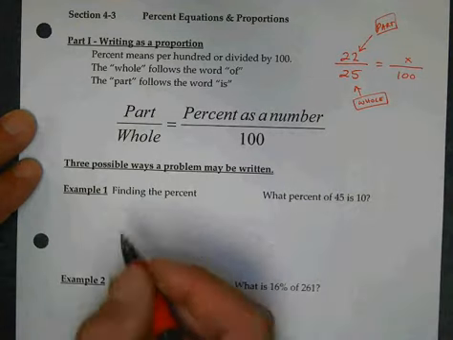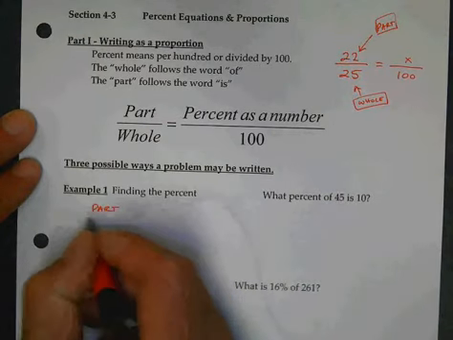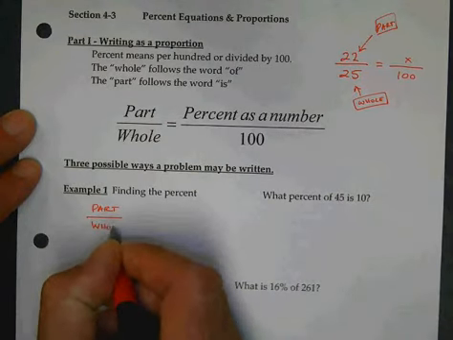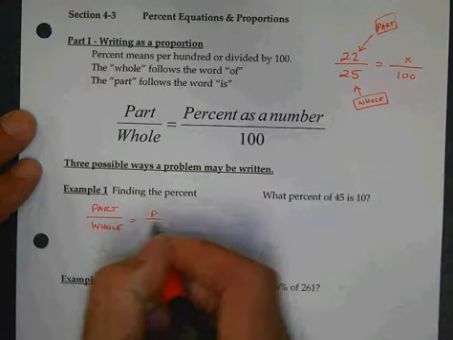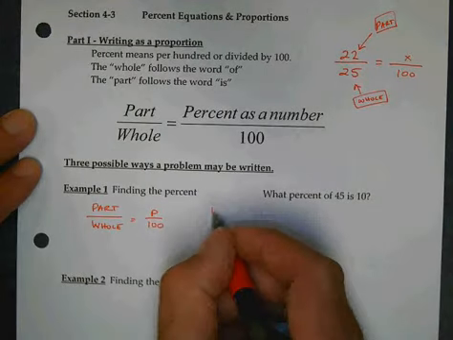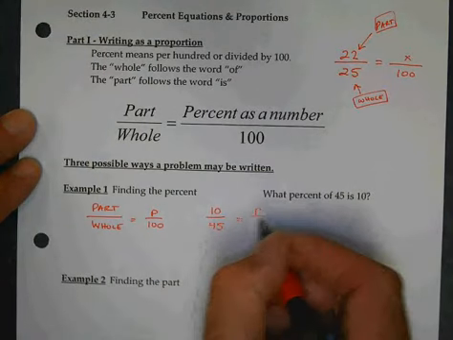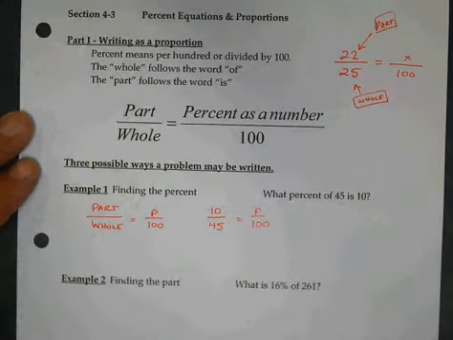Okay, so we're going to try to write this as a fraction. So part, and write this down with me. Physically, write the words. Part over whole equals P over 100. And now let's stick them in. Part is the 10, 45 is the whole, equals P over 100.